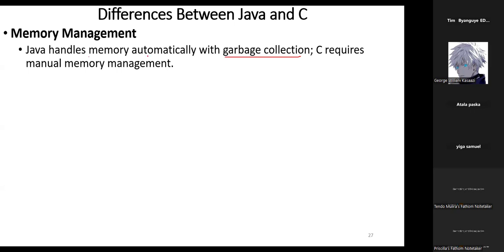So in Java, memory is automatically managed with garbage collection, whereas in C, you manually have to manage your memory. At least you know it has to be managed manually in C and C++, but it is handled automatically by something in Java.